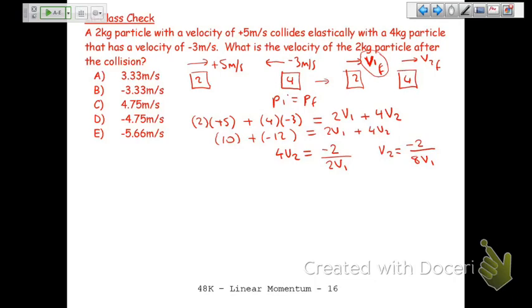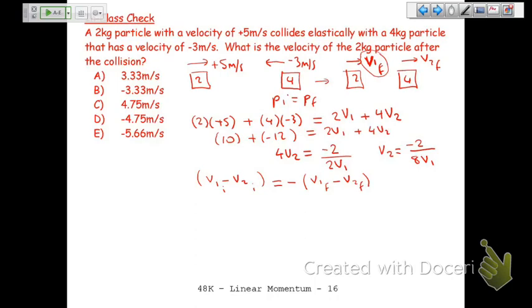So what I do is I say, oh, yeah, the difference in my velocities before the collision is equal to the negative of the difference in my velocities after the collision. So I've got to keep the order. I can't just play with these things.